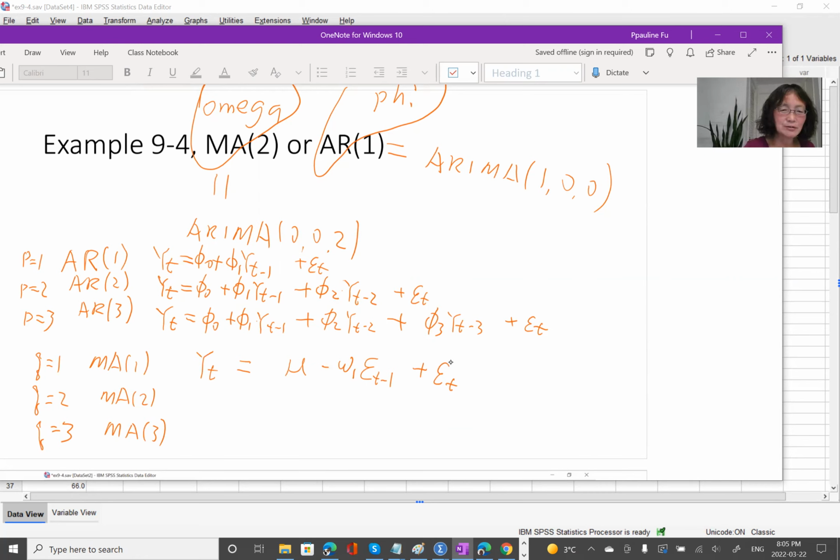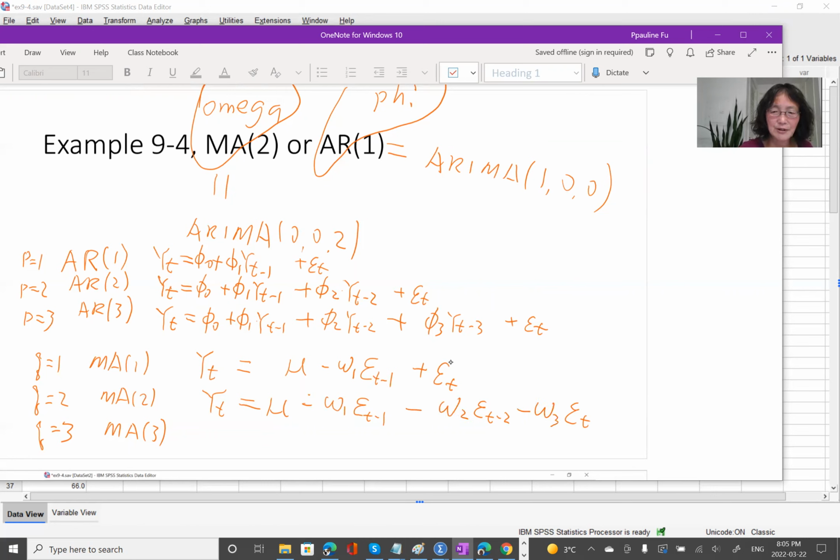What does MA2 look like? It looks like this. So YT related to the error term for T minus 1, the error term for T minus 2, and the error term for T. Again, it is a mu, okay? Mean value minus omega 1, minus omega 2.